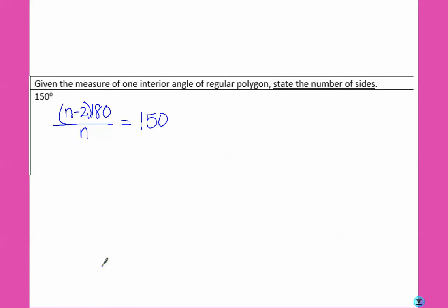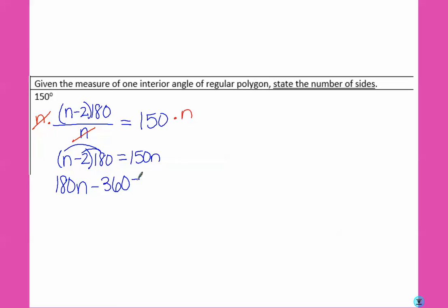So let's solve that. In order to get rid of the n on the bottom, we're going to multiply both sides by n. These will cancel out. We'll be left with n minus 2 times 180 equals 150n. Distribute the 180, get 180n minus 360 equals 150n.